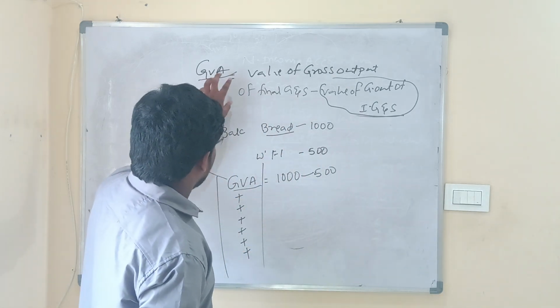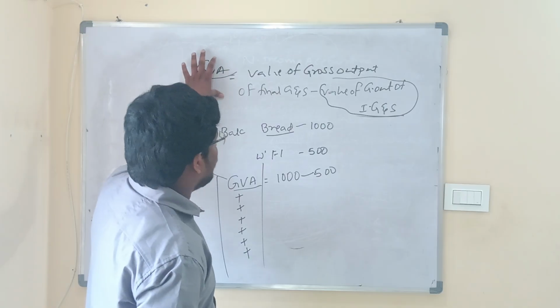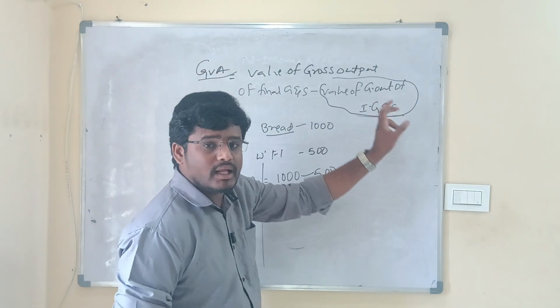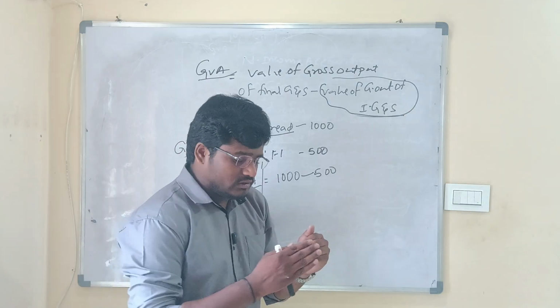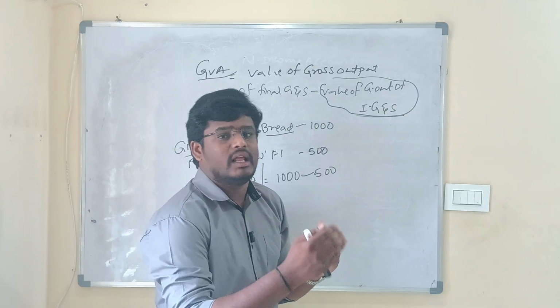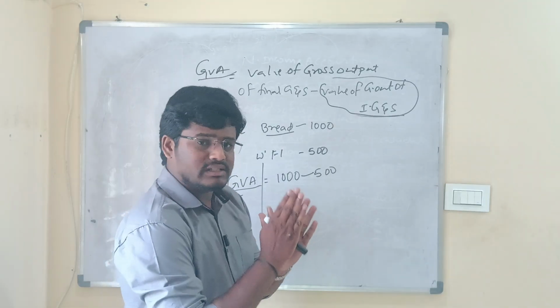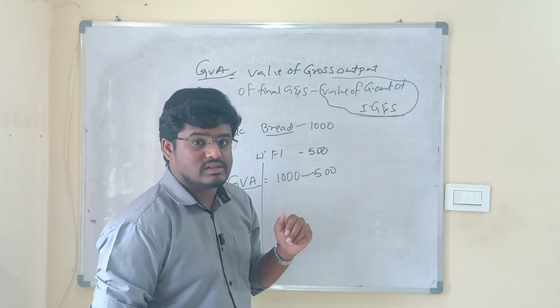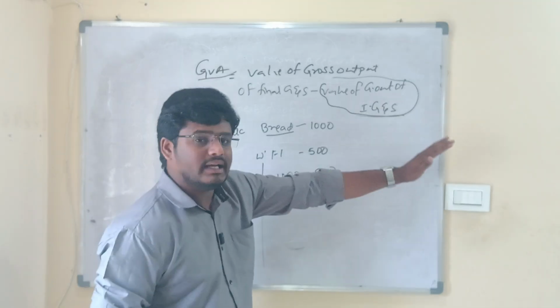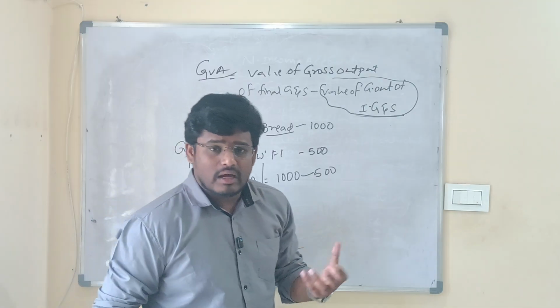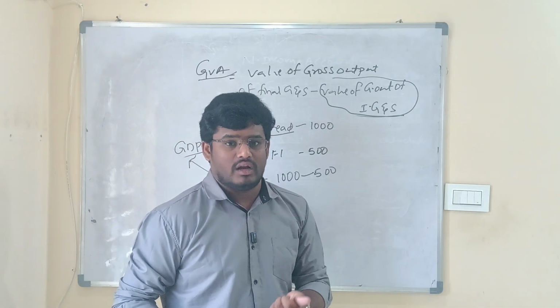Now if you look at the gross value added, why do we need to subtract the value of gross output of intermediate goods and services? Because if we include intermediate goods, it leads to the problem of double counting. Hence we are subtracting intermediate goods and services. Once we subtract them, we are going to get the actual value of GDP contribution.